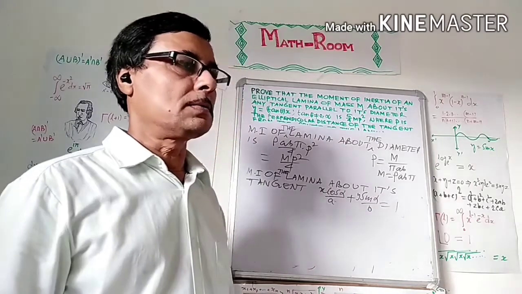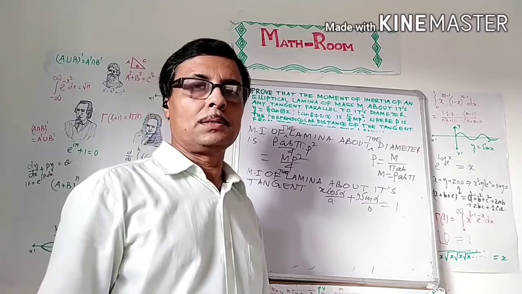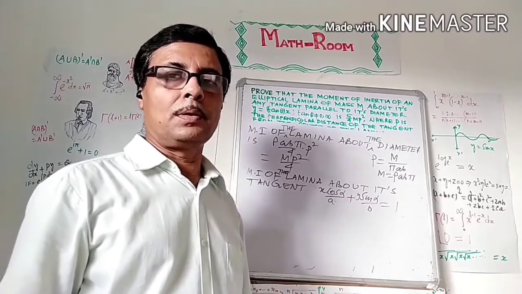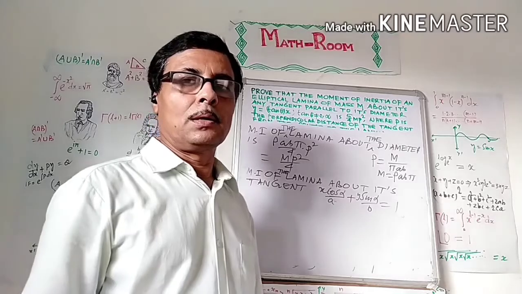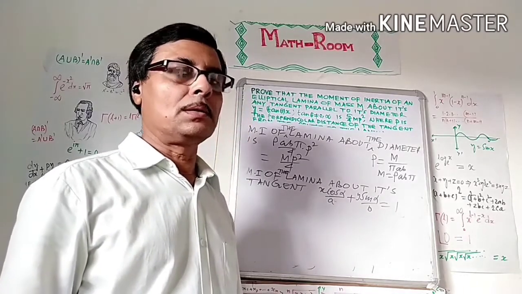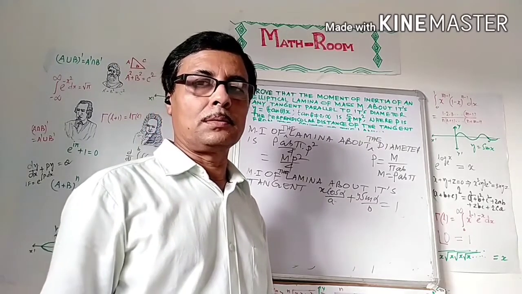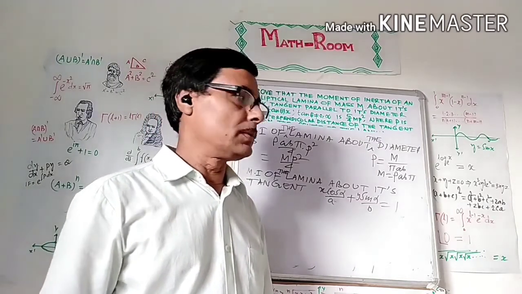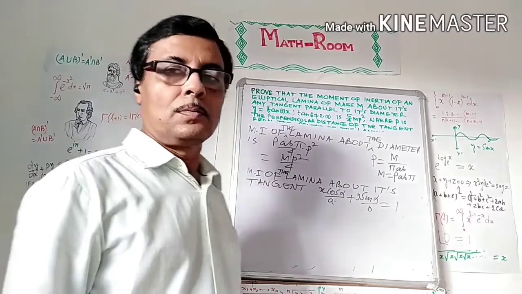There are two parallel axes. One is passing through the center of gravity of the body, and the other is not passing through the center of gravity.